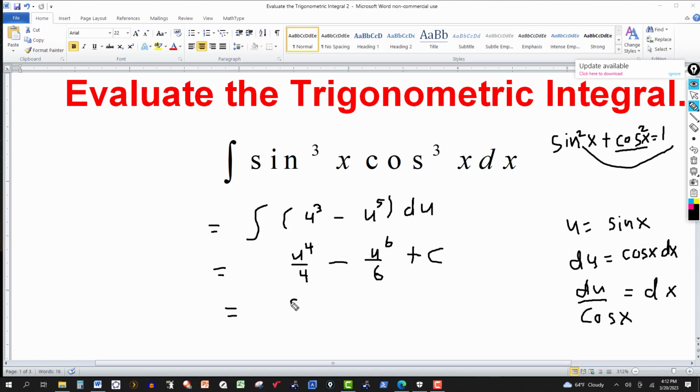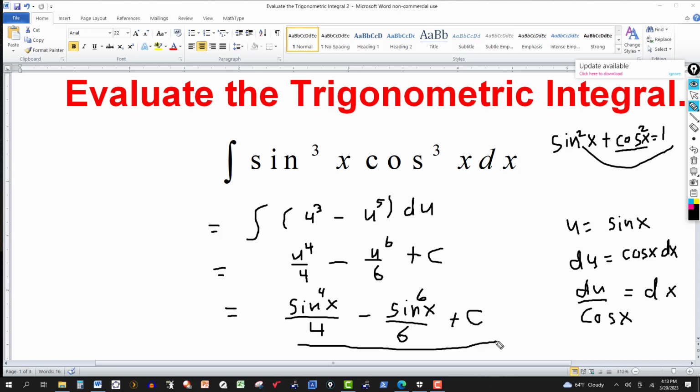So we put sine of x to the fourth power, over 4, minus u to the 6, but u is sine of x, to the 6th power, over 6, plus the constant of integration.